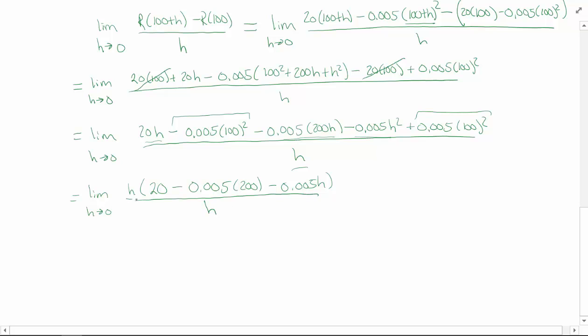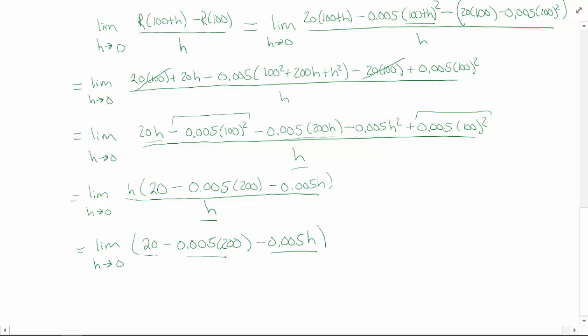So now I have an h over h, which is just 1, so this looks like the limit as h approaches 0 of 20 minus 0.005 times 200 minus 0.005 times h, which, as h approaches 0, this term is 0.